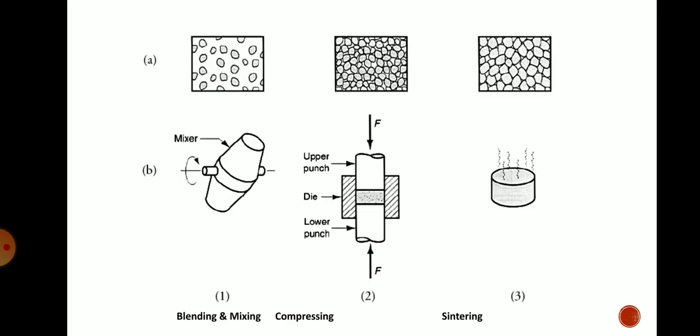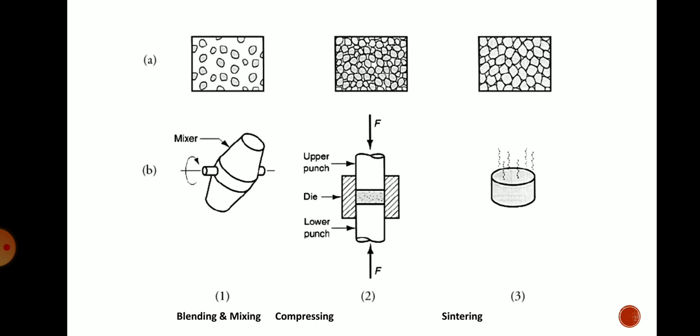Now in today's lecture we will see the next step, that is the sintering process. Firstly, whenever we have done the blending and mixing, there we have used one mixer in which the raw powder is placed, so that the powder will get thoroughly mixed. When that blending and mixing process is done, the particles of the powder are separated from each other with a wide distance.